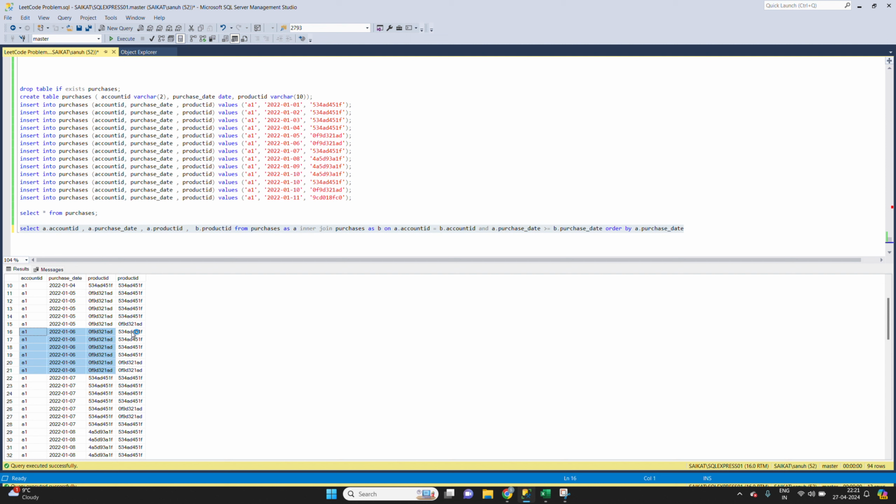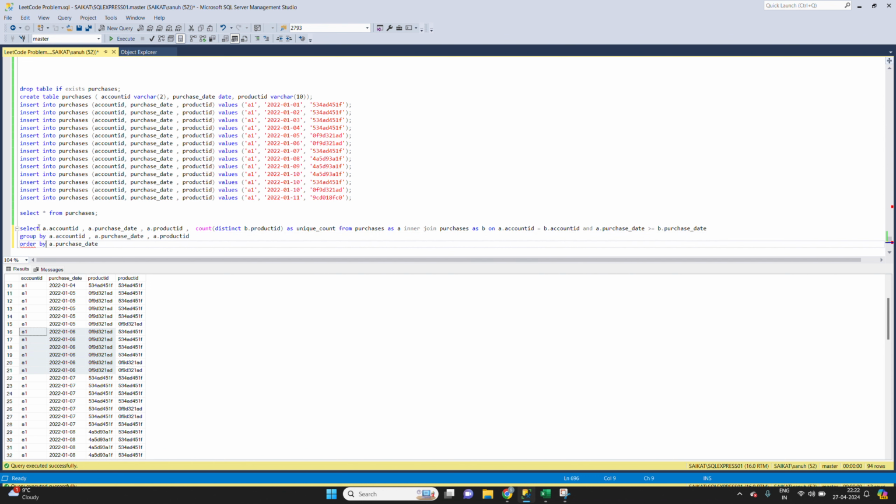So if I take a distinct count of this B.product_ID, that is our answer, right? So now I'll be taking count of distinct B.product_ID as unique_count, grouped by these three.